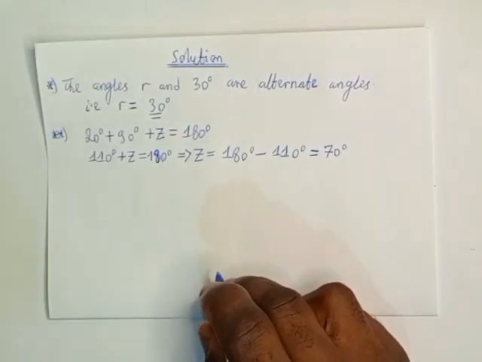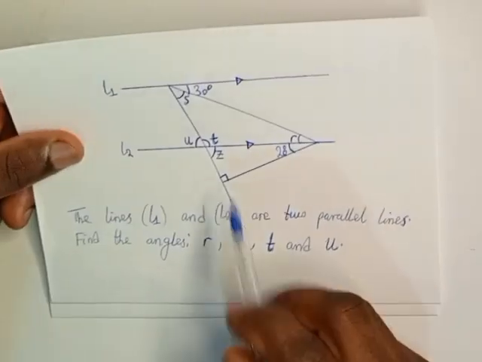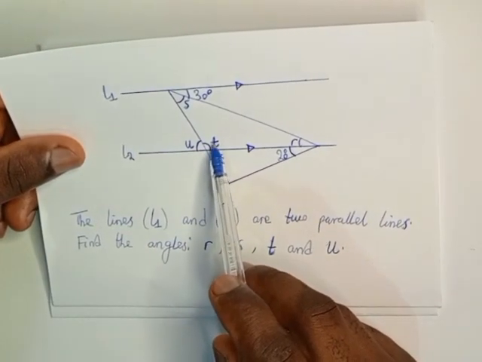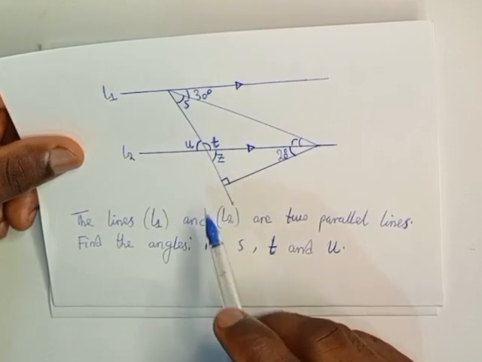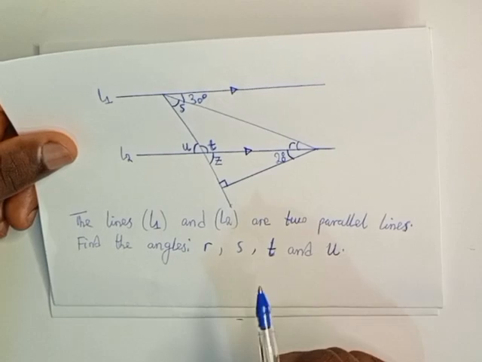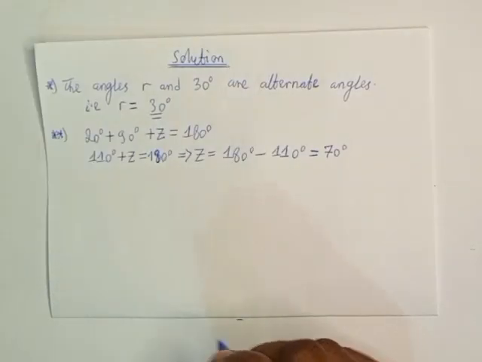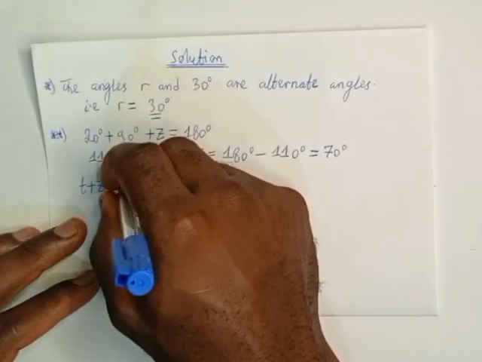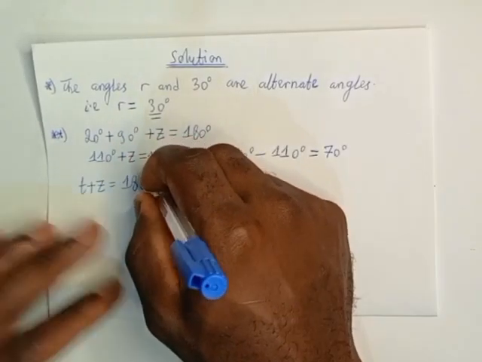Knowing the angle Z at 70 degrees, it is possible now for us to find the angle T. The angles T and Z, they are straight line angles. That means they sum to 180 degrees. T plus Z is equal to 180 degrees.